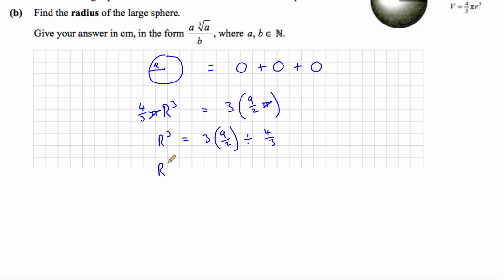So that tells us then that r cubed is equal to 81/8.